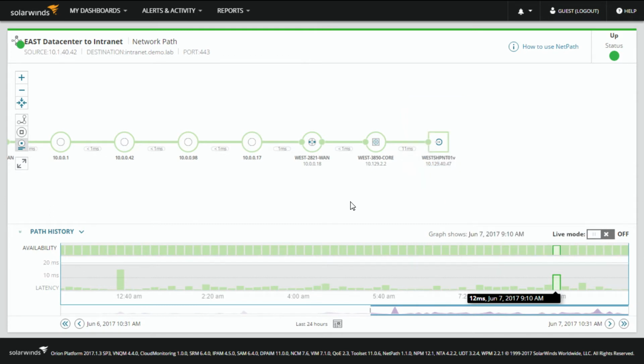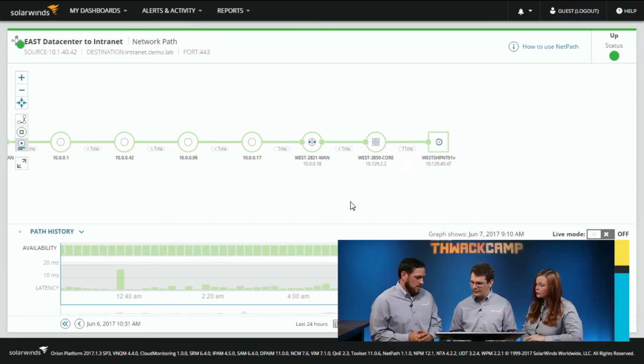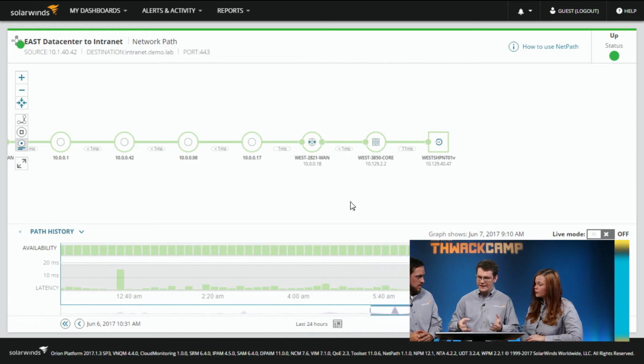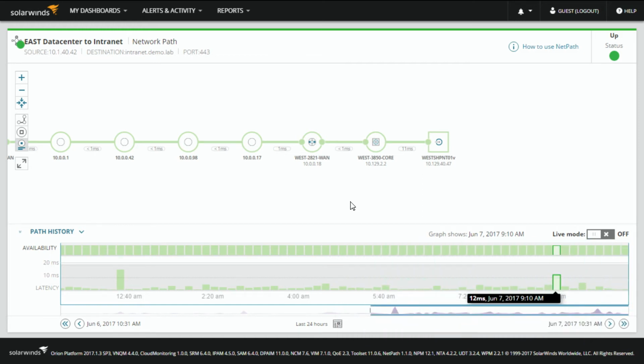The other thing that you notice here is, like we were talking about, the latency went up a little bit, went to 12, and not really a problem, right? Particularly over a WAN. But because each component has delay, and we can see the imposed performance penalty for each and every hop, we can see that delay came right at the last node. So that looks like maybe a server issue.